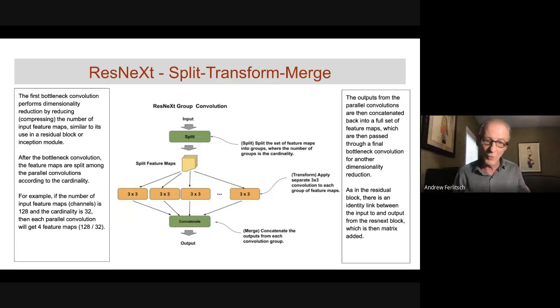Well, that would be 4 groups of 32: the first 32 feature maps, the next 32 feature maps, and so forth. So we would have 4 groups, and each group would separately go through a 3x3 convolution, and then the outputs of all those groups would get concatenated together. This is your split operation. This is your transform operation. This is your merge operation.